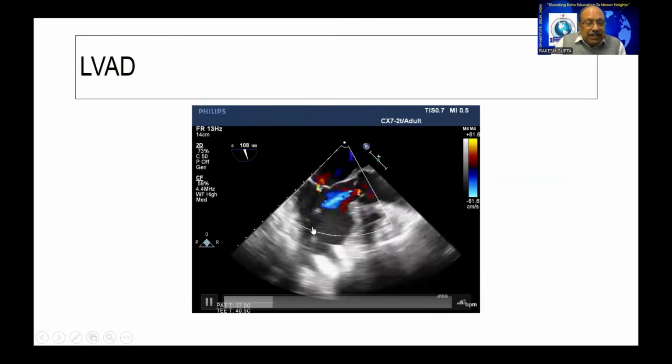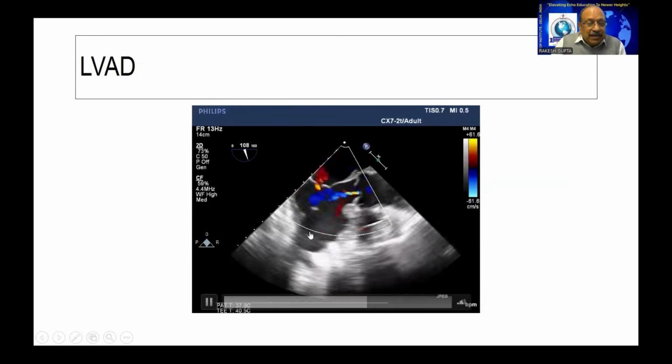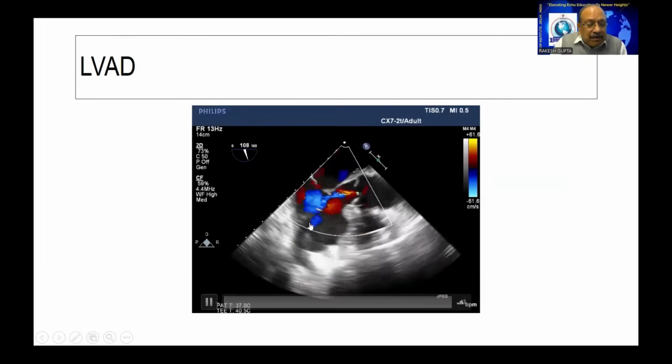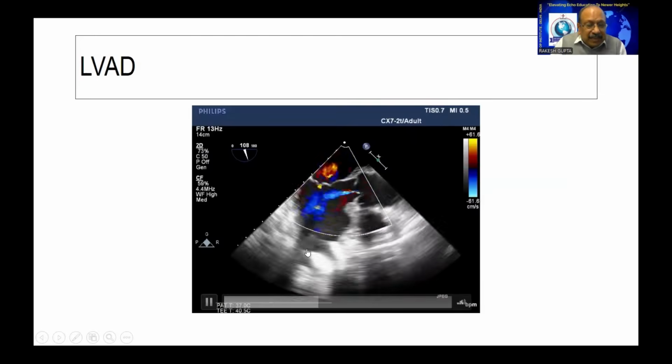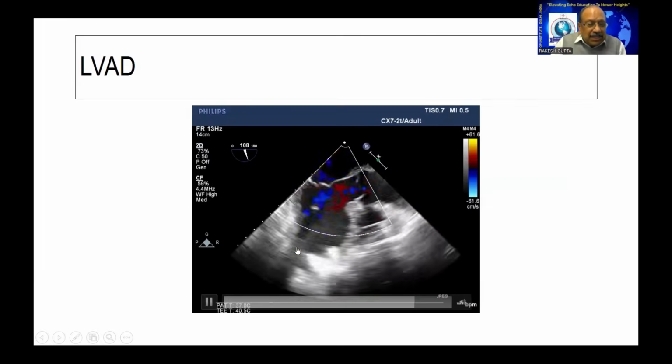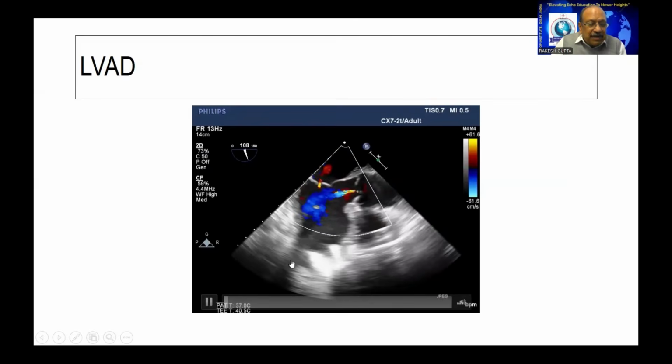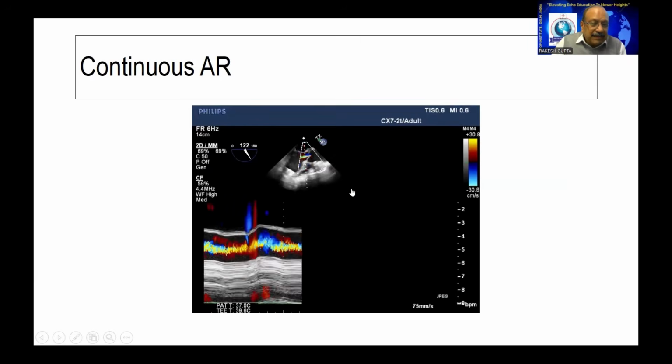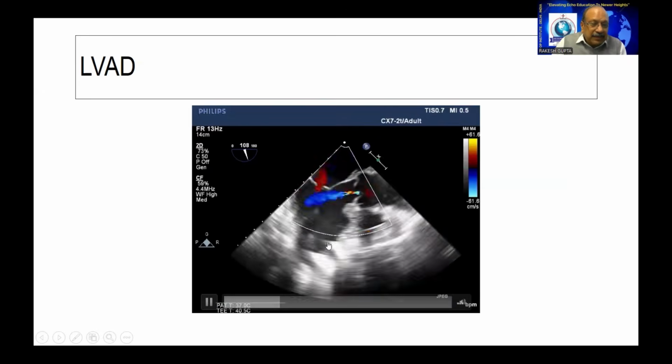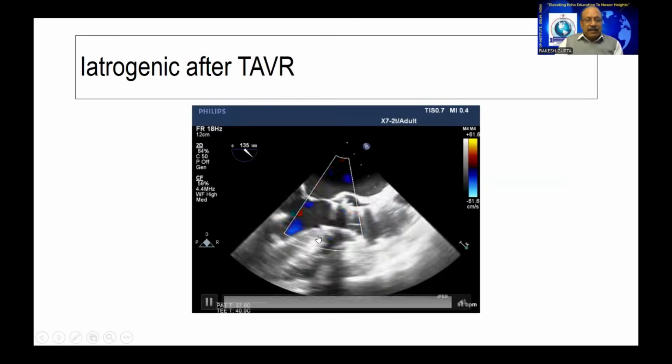The patient has been put on an LVAD over here. So an LVAD is a motor installed at the apex of the LV cavity, constantly sucking out blood from the LV cavity and delivering it to the aorta. So this valve is continuously leaking. The LVAD is over here. You can see this equipment over here.